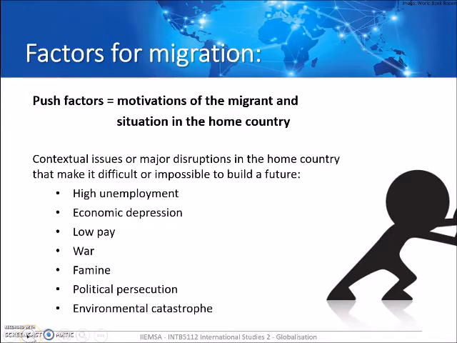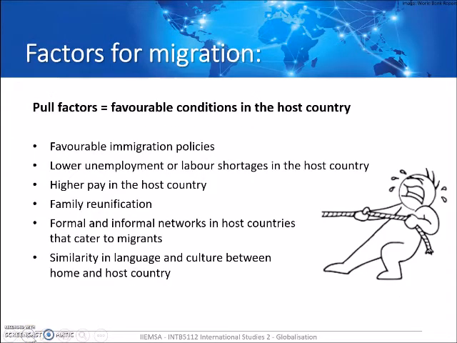The other category of factors is what we call pull factors. These are factors that attract people into a specific country, right? So the push factors will push me out of my home country, but then I have possibly a lot of options as to which country I go to. Pull factors are the factors that will attract me to a specific country. So it can be favorable conditions in the host country.